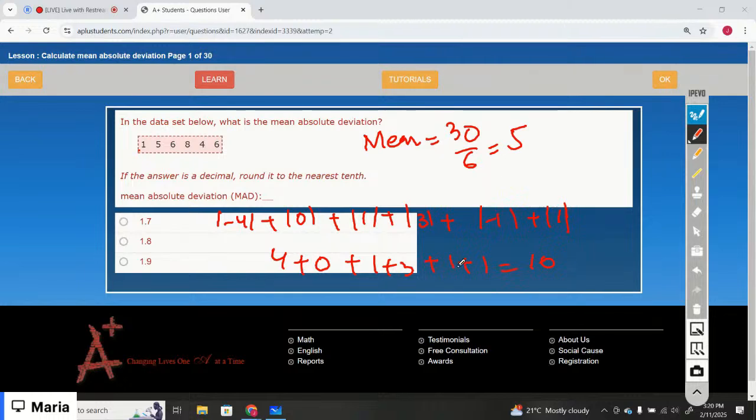10. You have to divide them by 6. So 10 divided by 6 equals 1.7. Option number 1 is the correct option.